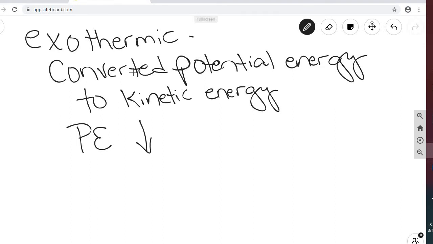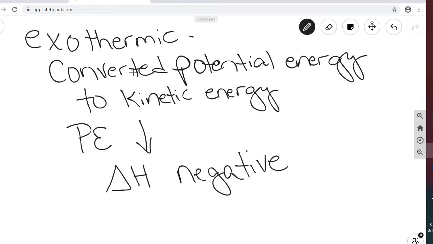So the potential energy is going to be less than what you started with. And so in an exothermic reaction, delta H will be negative, because the amount of potential energy that you start with will decrease as it gets converted to kinetic energy. So in an exothermic reaction, delta H, the change in energy, is going to be a negative number.